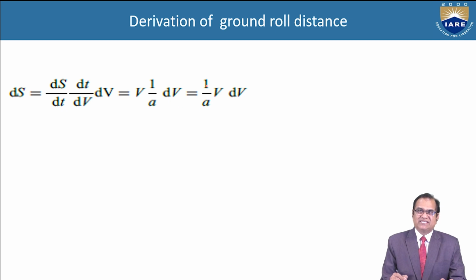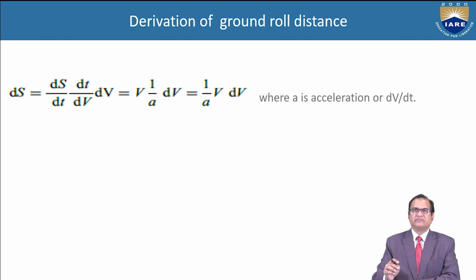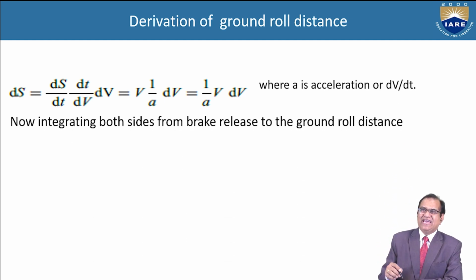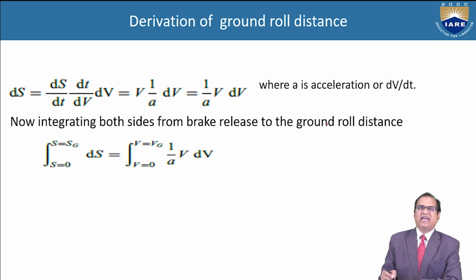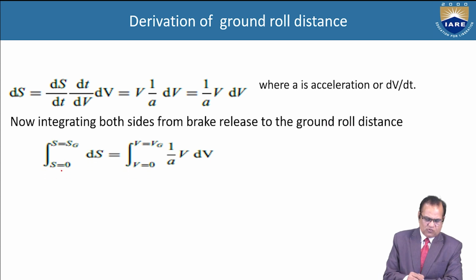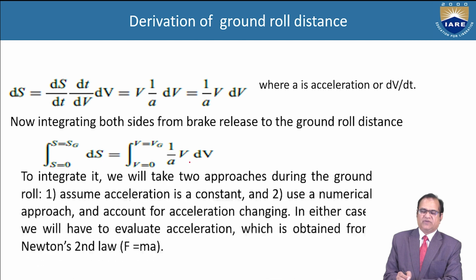So ds is equal to 1 by a, V into dv, where a is acceleration or dv by dt. Now integrating both sides from brake release to the ground roll distance, s is equal to 0 to s is equal to Sg, and v is equal to 0 to v is equal to Vg, the integral of V by a dv.